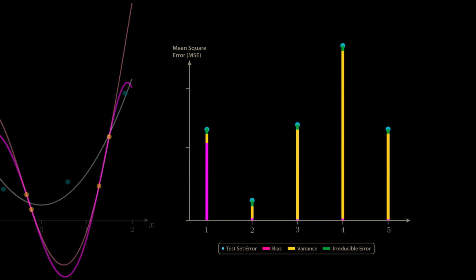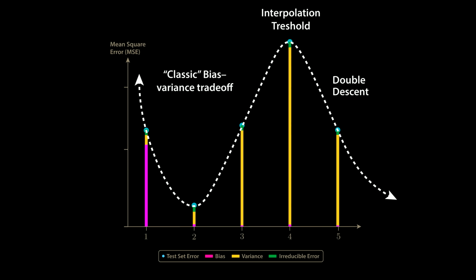So while it's certainly still possible to decompose our errors into bias and variance components at and beyond the interpolation threshold, the trade-off between bias and variance is no longer the primary driver of changes in test set error, as it is in the classical U-shaped region of our curve.